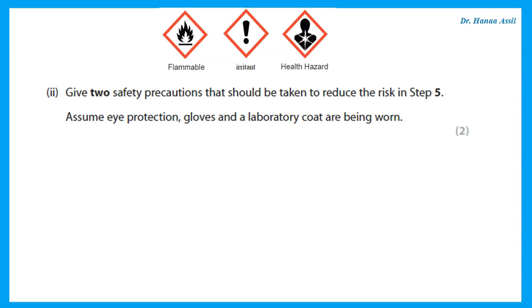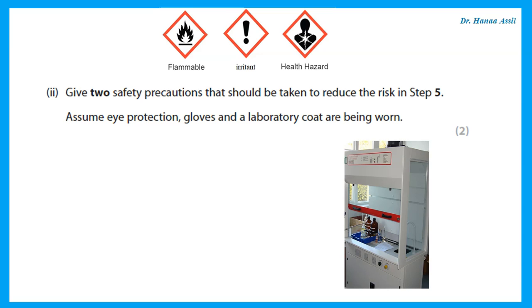Give 2 safety precautions that should be taken to reduce the risk in step 5. Assume that we already have eye protection, gloves, and laboratory coat. So what else can we do? We are told from the hazard symbols that the liquid we're working with is flammable, irritant, and a health hazard, and it evaporates easily and so on.